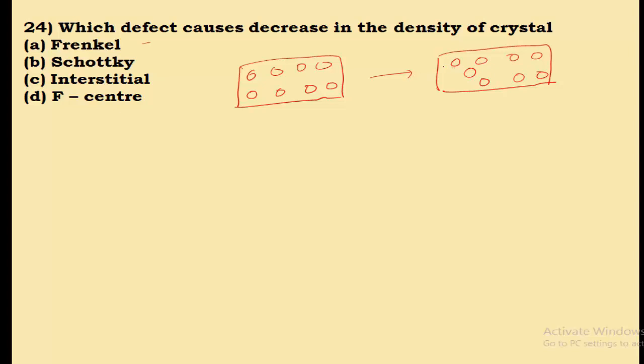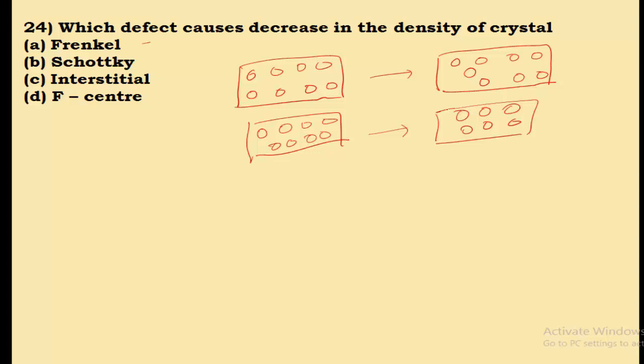And Schottky defect, what is Schottky defect? In Schottky defect, there is a missing of an equal number of cations and anions. If there are 4 cations and 4 anions, then 2 ions will be missing, one cation and one anion. So the number of particles decreases in the crystal lattice and hence the density also decreases. So the defect which causes decrease in the density of crystal is Schottky defect. So option B is the right one.